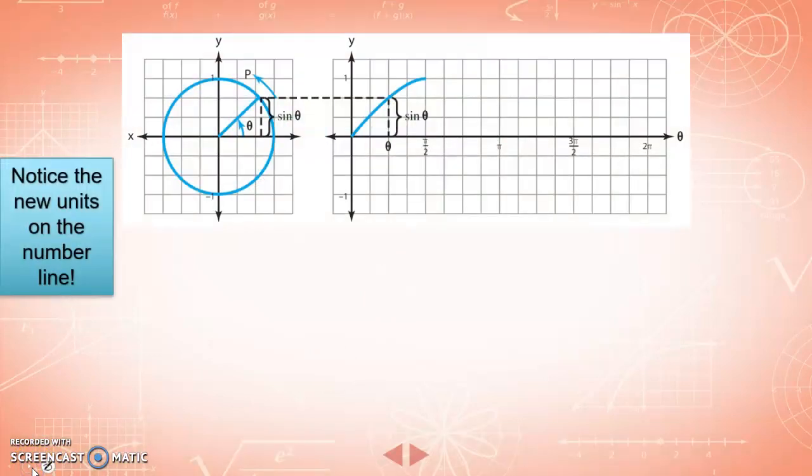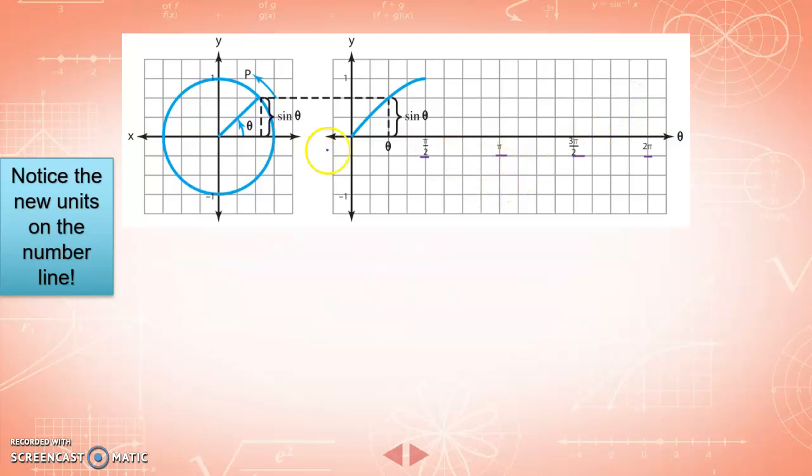All right, let's take a look at what the sine function looks like when we graph it on a Cartesian plane. Now notice, because I'm using radians here, my x-axis is not going to be labeled 1, 2, 3, 4, 5 like it typically is when we're doing integers. Instead, I'm going to label the points on my x-axis with our radians: pi over 2, pi, 3 pi over 2, 2 pi.